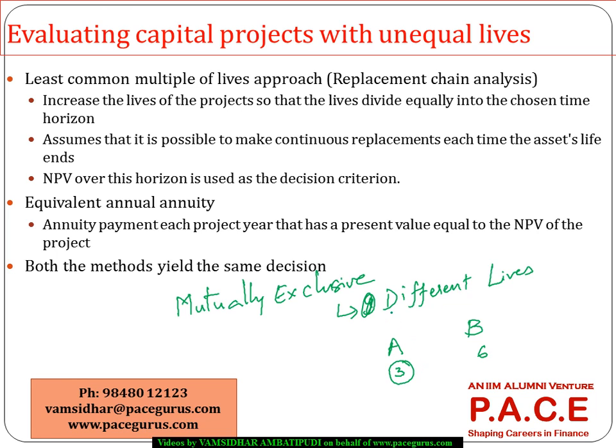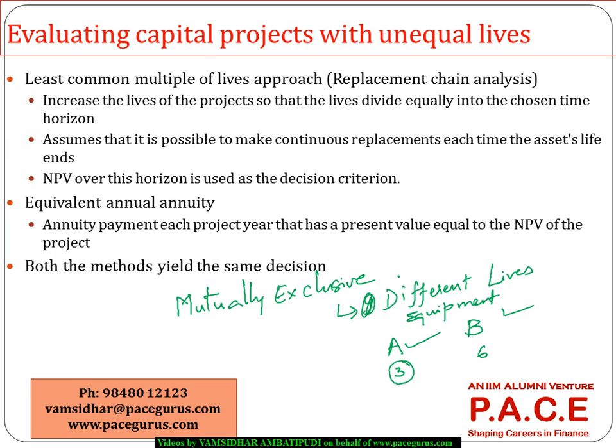Probably this is more applicable to an equipment purchase. Let's say I have to decide between purchasing equipment A versus equipment B. Equipment A will last for 3 years, whereas B will last for 6 years. But I am assuming that at the end of 3 years, I can again purchase equipment A, and that can happen on an indefinite basis.